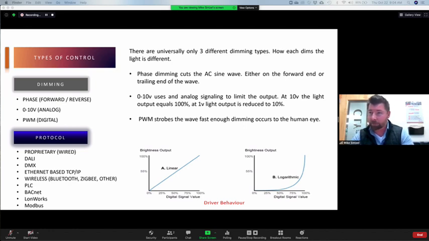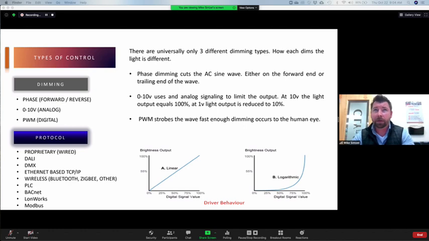Now, BACnet, they have their own certifications and stuff like that. A lot of bigger facilities, industrial facilities, and like that will use BACnet, LonWorks, or Modbus to interface all the different HVAC building types and communication protocols, so they can actually link them all with one protocol and see what's happening.